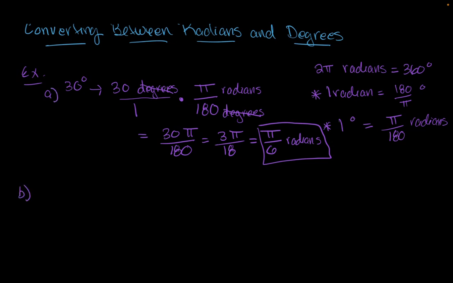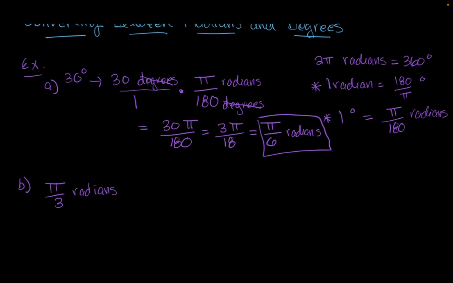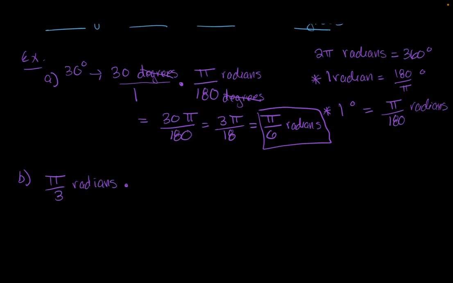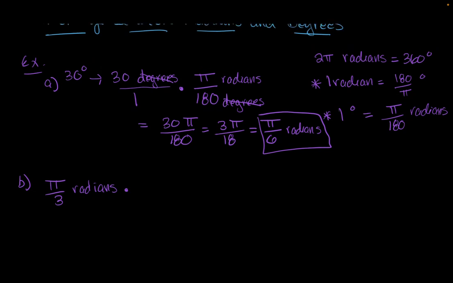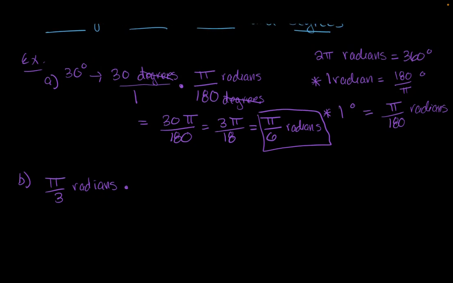Here's another example. What if I have pi over 3 radians? What is that equivalent to in degrees? Again, I have radians in the numerator. So if I'm going to think about what I'm going to multiply it by, 180 over pi or pi over 180, I have radians in the numerator, so I need radians in the denominator so that they will cancel out.